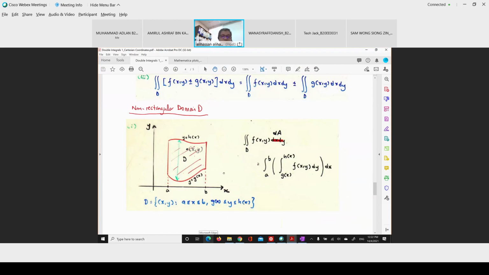So if this is the case, then we must integrate with respect to y first. There is no other option. You are forced to integrate with respect to y first, and then integrate the result with respect to x.